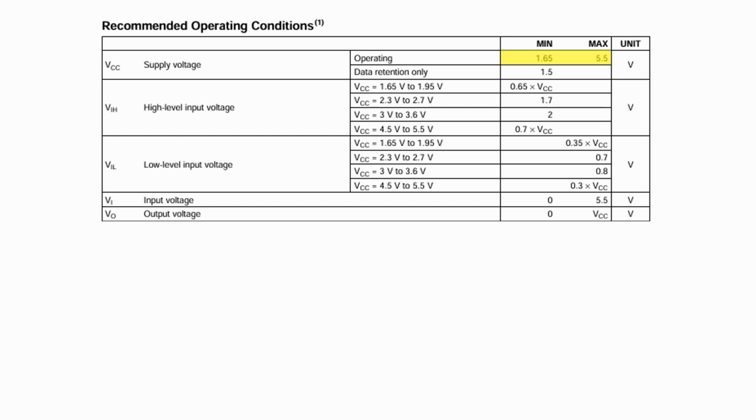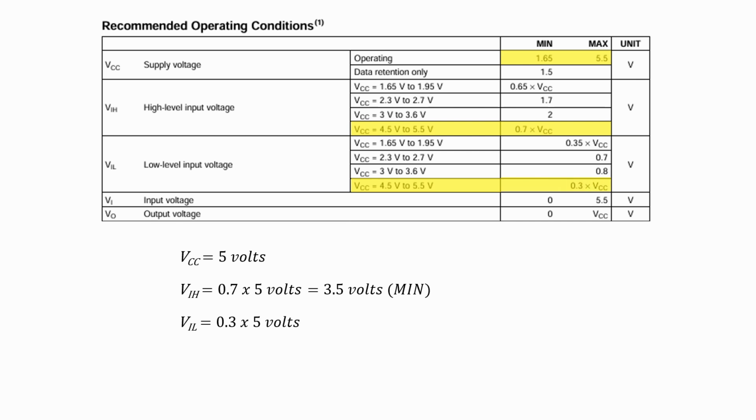We can see that if we power this chip with 5 volts, then we need at least 0.7 times that to register a high input, which would be 3.5 volts. But if we notice the voltage required to register a low input, it's 0.3 times our supply voltage of 5 volts, which is 1.5 volts.